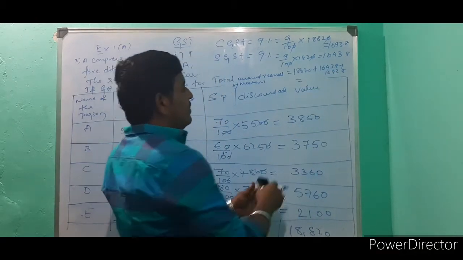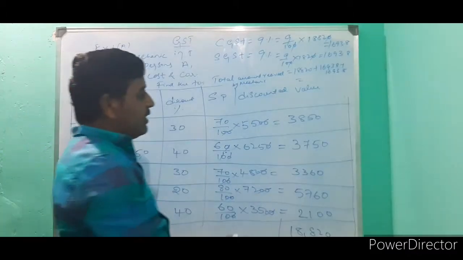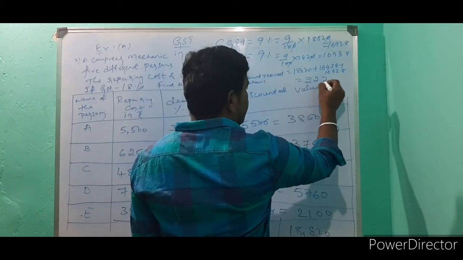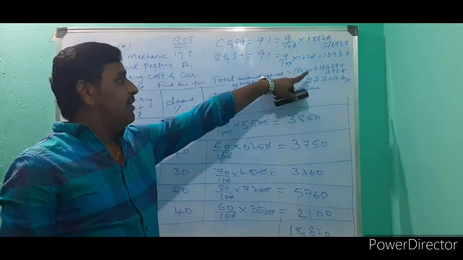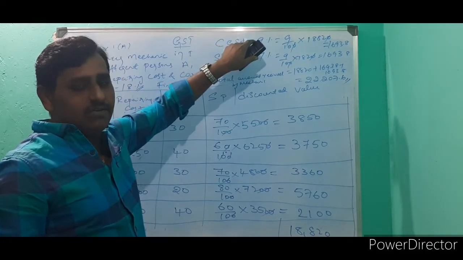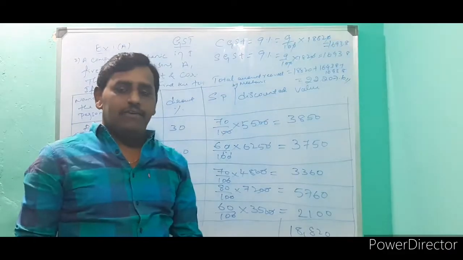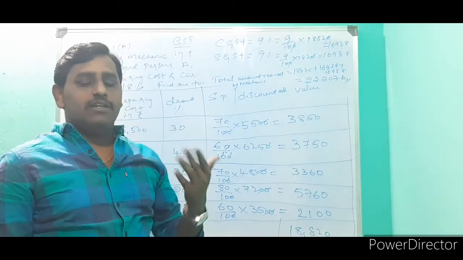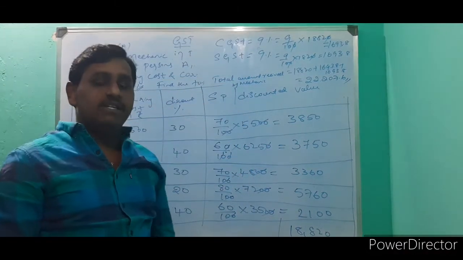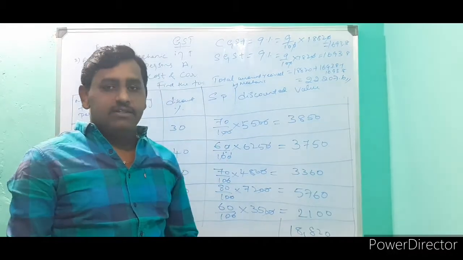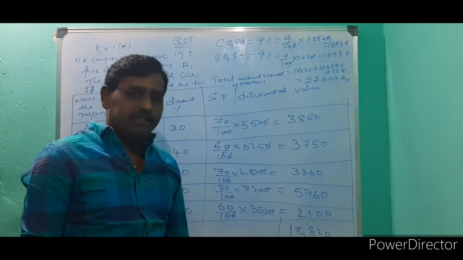The total amount is 22,207.6 received by the mechanic, and this CGST will go to the central government. The SGST will go to the state government. If you go to any shopping mall and purchase, in that bill they show CGST and SGST separately. They divide it. So this is the type of problem we are going to solve in this GST.